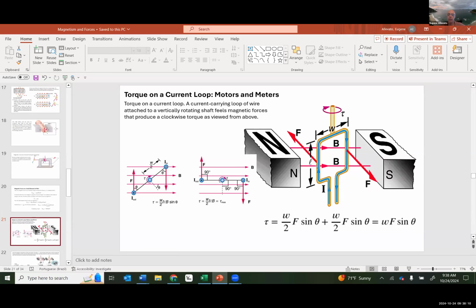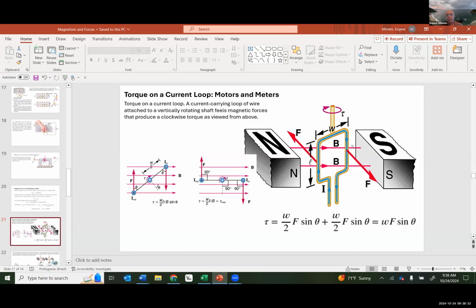You see the current going up, and the magnetic field is in one direction. It is going to develop a force on the left side, trying to move this loop towards the screen, and on the other side, the current is going in the different direction. You see that here on the right side, the current is going down instead of going up.